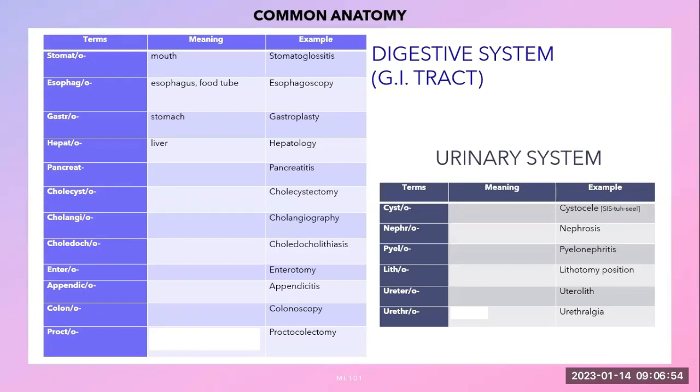So hepatology is cái ngành nghiên cứu về cái gan. And then the next is pancreas, which means tụy. And pancreatitis, what does it mean? It means inflammation of the pancreas.